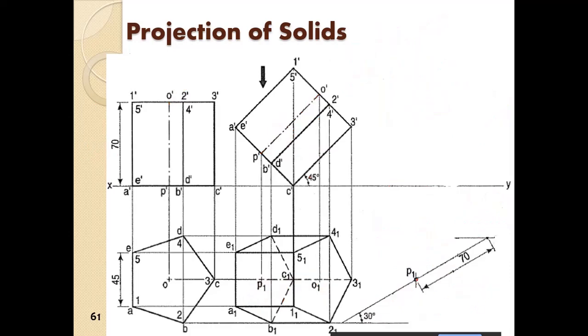So we take the point P and mark the distance 70 mm, and we draw the line parallel to XY here. Because when the point is rotated, it will move along this line.